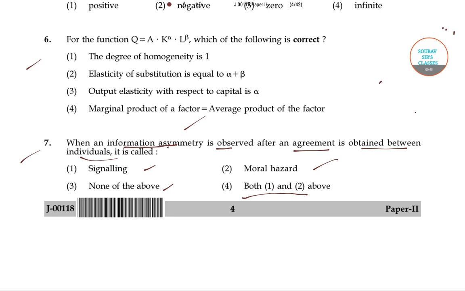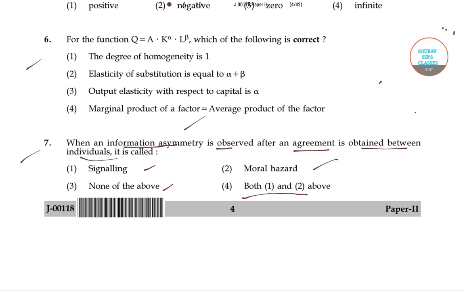For the time being, we first need to understand what is information asymmetry. In contract theory and economics, information asymmetry deals with the study of decisions in transactions when one party has more or better information than the others.